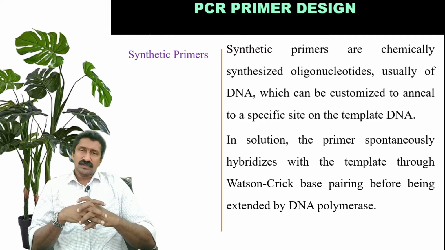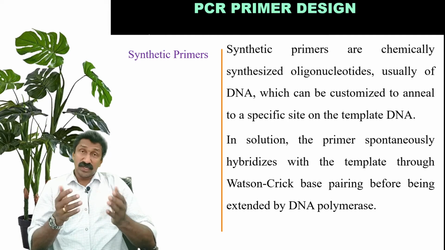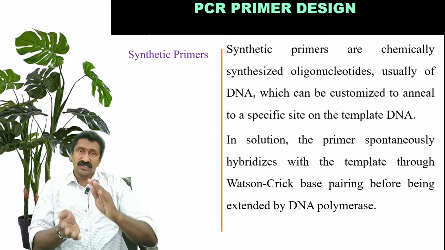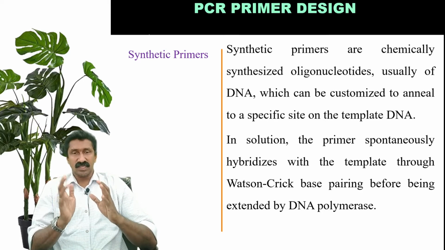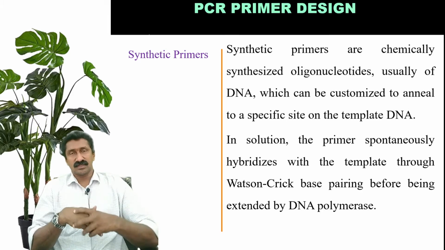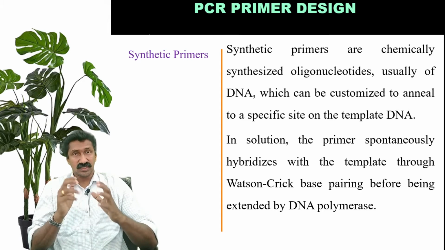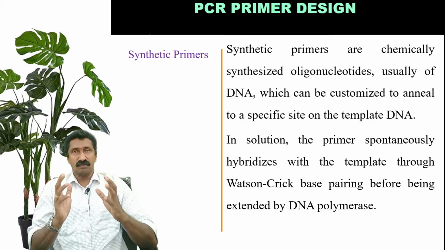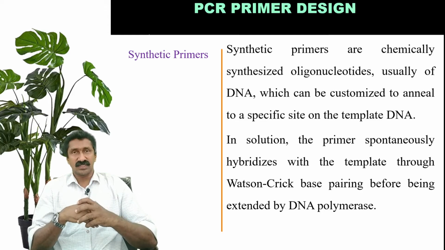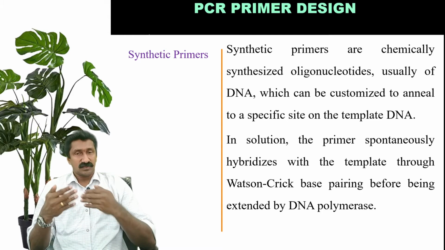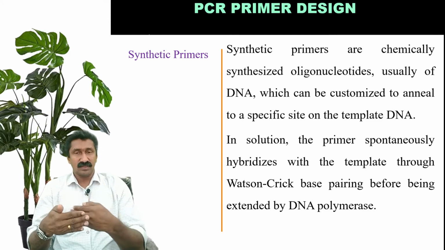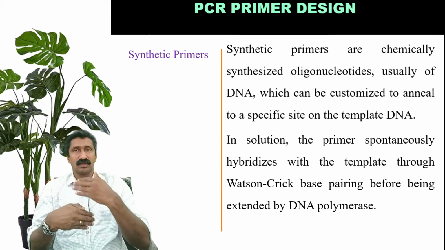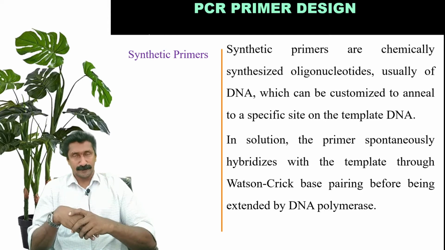In solution, the primer spontaneously hybridizes with this template or target DNA through Watson-Crick base pairing before being extended by the DNA polymerase. So, the specificity of DNA amplification in a PCR reaction is actually determined by the specific hybridization, using Watson-Crick base pairing, of the primer and the template DNA.